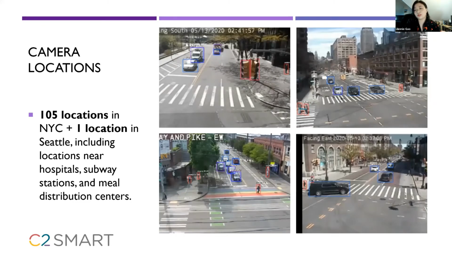Some of them may be facing the highway or used for different purposes. So we select 105 locations in New York City, and we also pick one location in Seattle. Unfortunately, that's the only one facing an intersection in Seattle. And the locations are pretty diverse. We include locations near hospitals, near subway stations, and also near meal distribution centers.